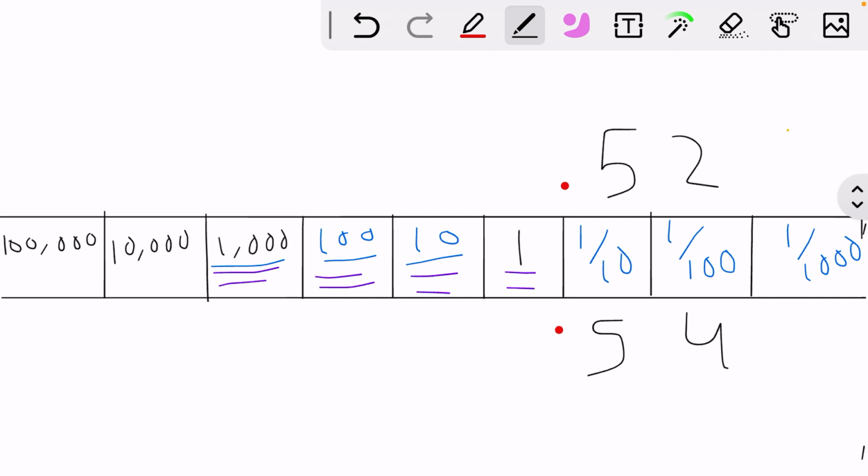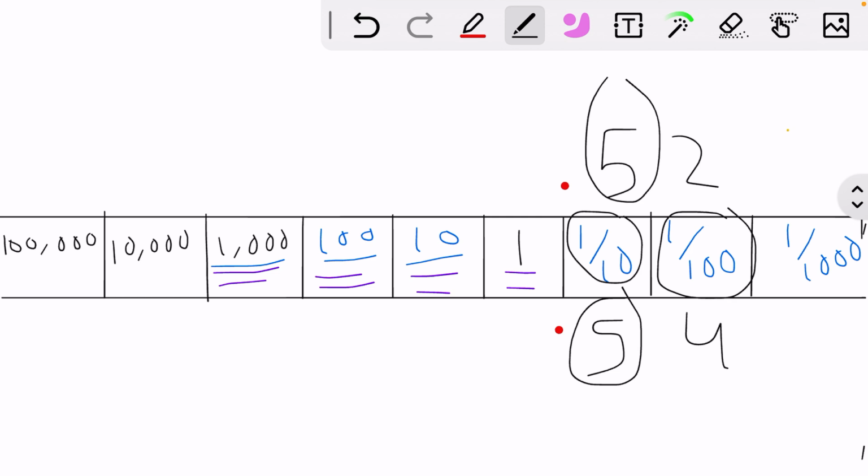Again, it comes down to comparing fractions. Ignoring the decimal point, we have 5 groups of 1/10, and down here, for this decimal, we also have 5 groups of 1/10. In a situation like this, to see which one is greater and which is lesser, we have to move to the 100ths place and do the same thing from there.